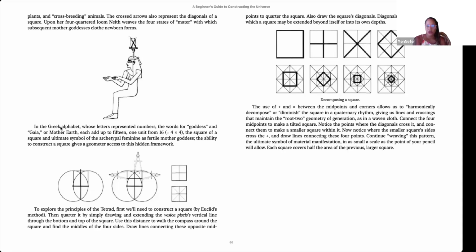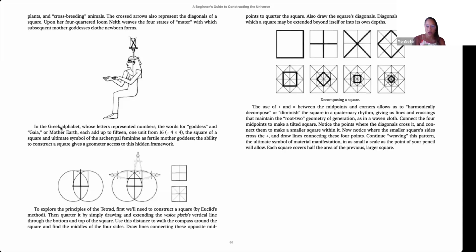The use of plus and cross between the midpoints and corners allow us to harmonically decompose or diminish the square in a quaternary rhythm, giving us lines and crossings that maintain the root 2 geometry of generation, as in a woven cloth. Connect the four midpoints to make a tilted square. Notice the points where the diagonals cross it, and connect them to make a smaller square within it.